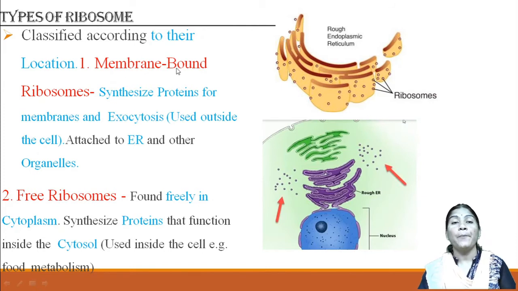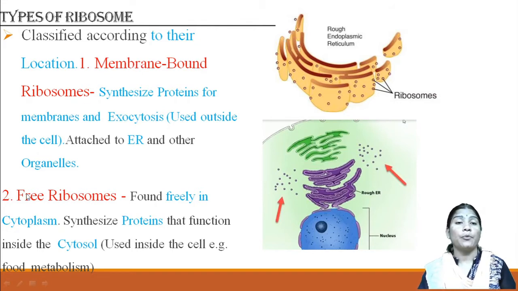That is the membrane bound ribosomes and the free ribosomes. These two names themselves indicate their meaning. Those ribosomes which are attached to some organelles, that is the endoplasmic reticulum or maybe other organelles, we call the membrane bound ribosomes.